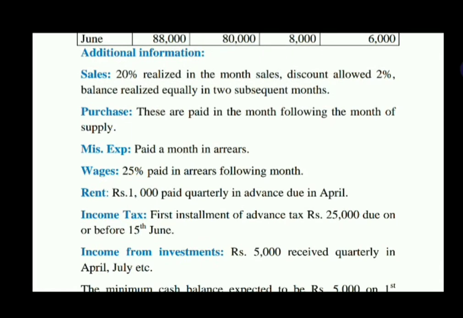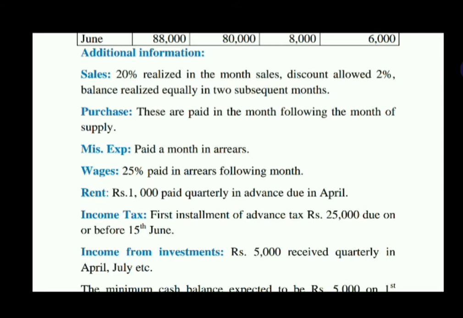Next, purchases. These are paid in the month following the month of supply. For example, if raw material is purchased from the creditors in the month of March, then the payment is made in the following month of supply, that is the next month.